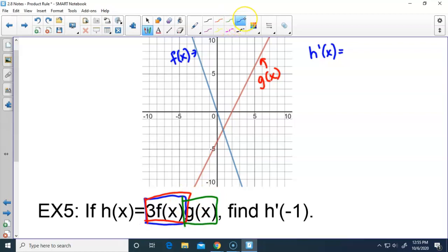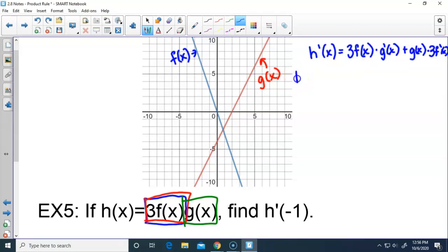Whenever we take this derivative, we can say 3 f of x, times the derivative of g, which is going to be g prime of x, plus g of x times the derivative of f of x, which in this case would be 3 f prime of x. And so this is our derivative.